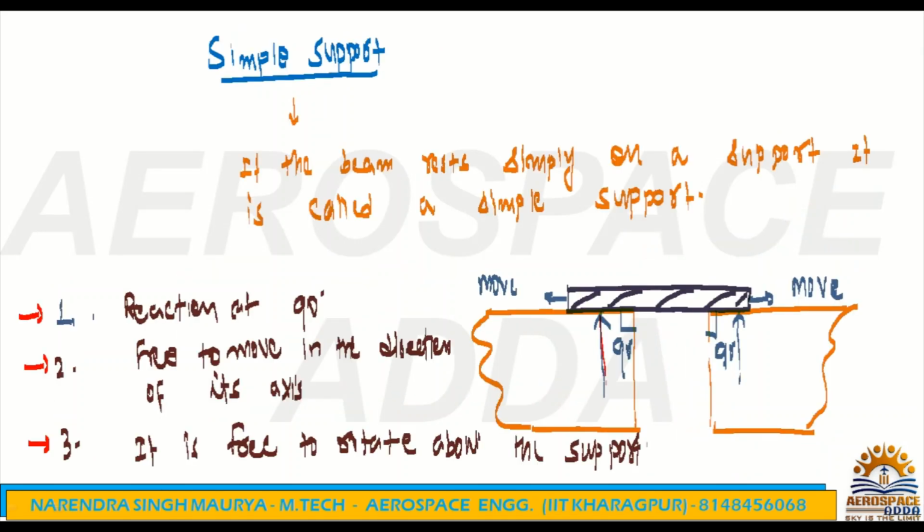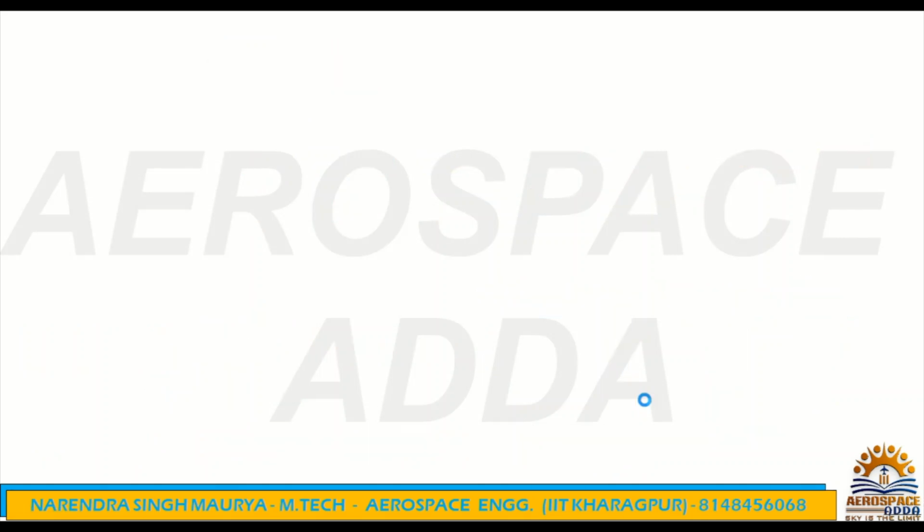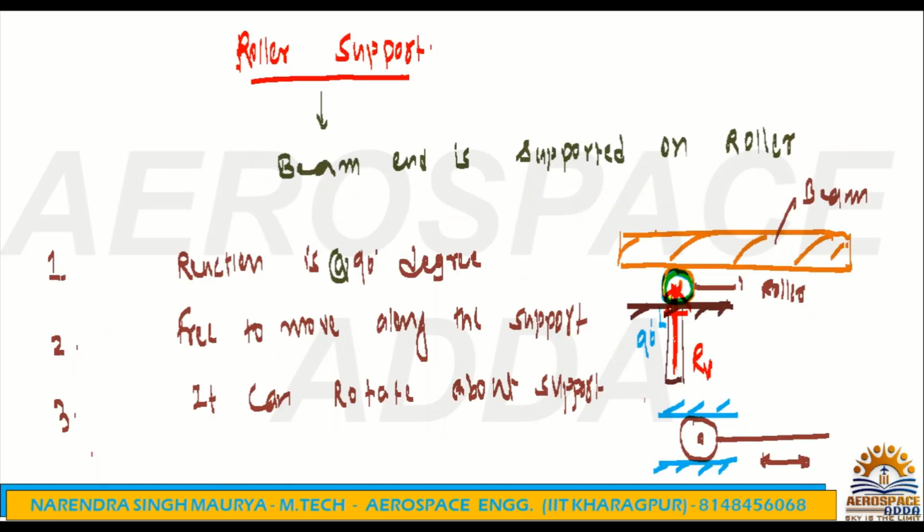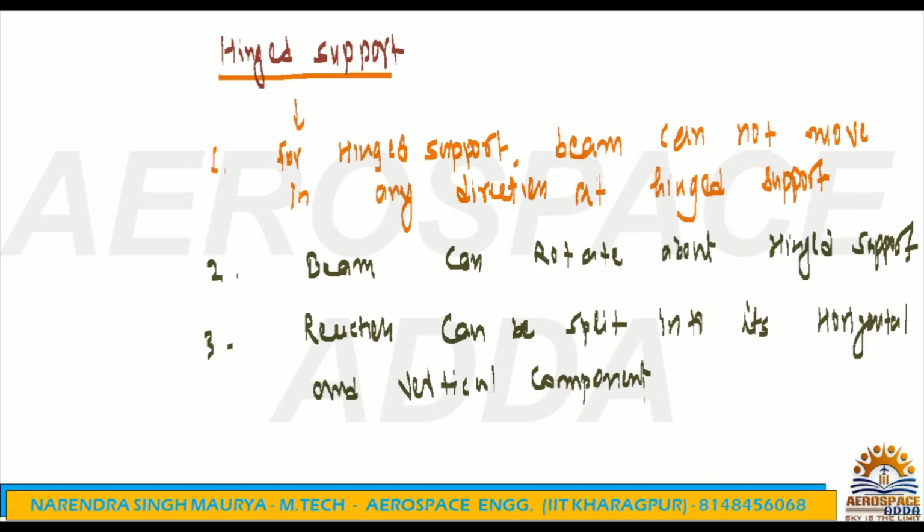Similarly here also, this is my reaction, which is only vertical. But for this particular hinge support, it is not necessary that the reaction will be only vertical. It can be at a different angle also. And if it is at a different angle, then for analysis purposes you can split it into horizontal and vertical components. Now I just want to show how the hinge support looks.